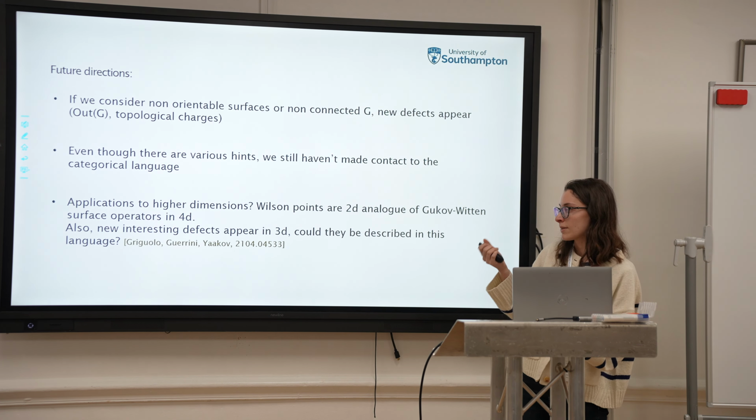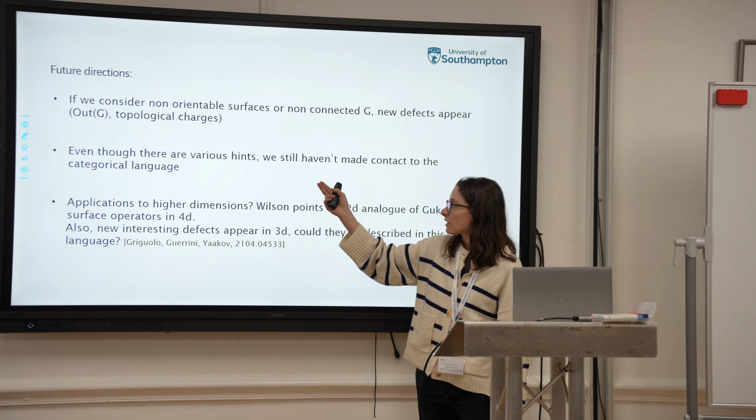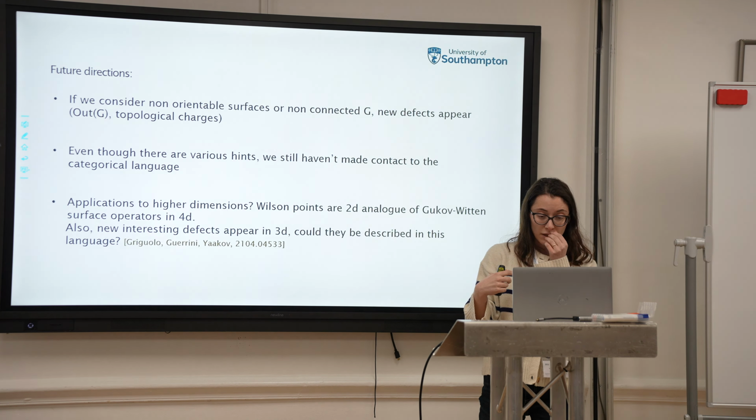And finally, maybe a long-term goal would be to connect to the categorical language to really make progress in this task of finally making contact between quantum field theory and topological field theory.